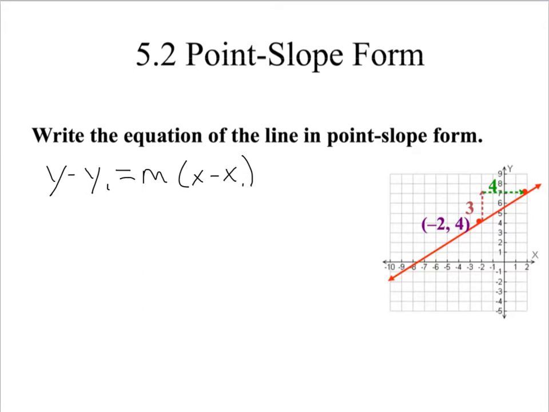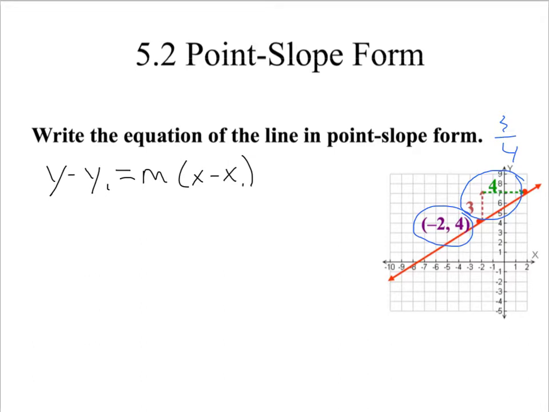In this graphed equation, we can see we have our point of negative 2, 4, and our slope is going to be what? We go up 3, we go right 4, so our slope is 3/4. So we have our point of negative 2, 4, our slope of 3/4. Now we plug that in.